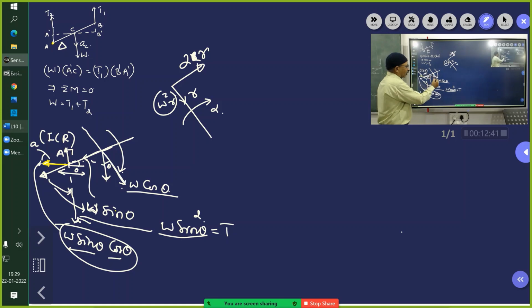Since this component of the force is perpendicular, it will definitely give acceleration in this direction, and as far as this line is concerned, you can consider it to be tangential.